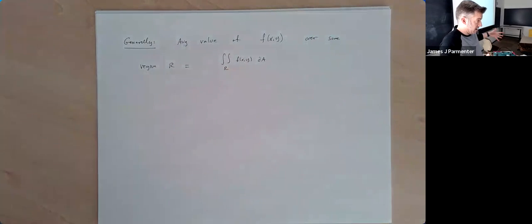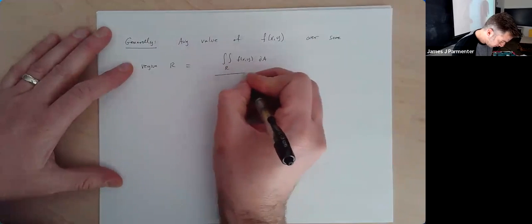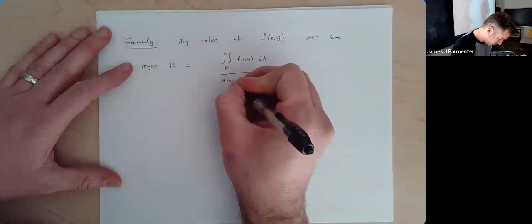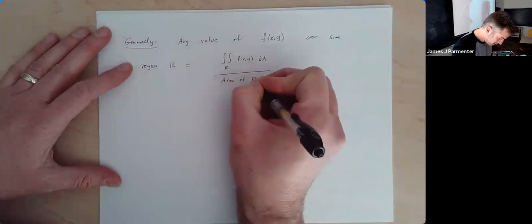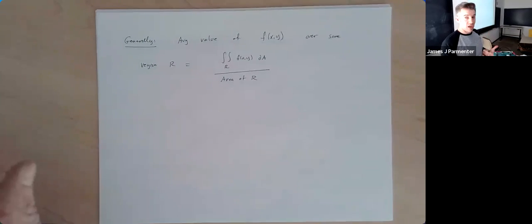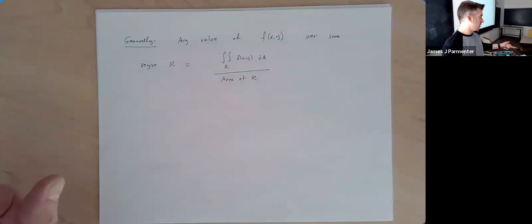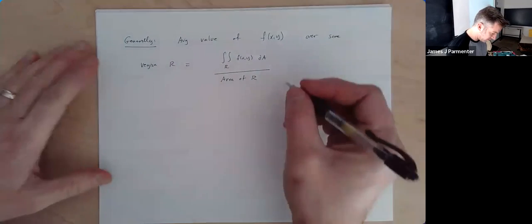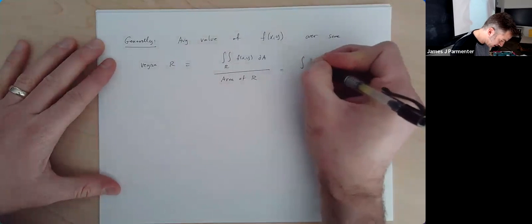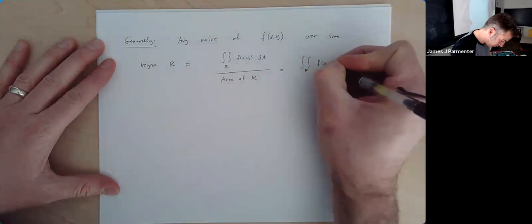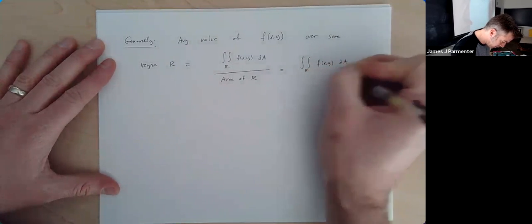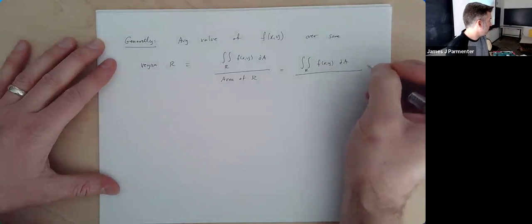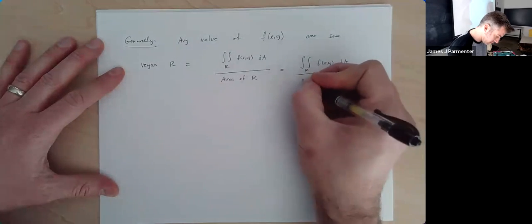We just say dA, where dA is either dx times dy or dy times dx, whichever makes more sense. Then we divide by the area of the region, which, if it's easy to calculate using geometry, we should do that way. But if not, we do the exact same double integral on the bottom, except we integrate 1, because that's how you find the area of a region using a double integral.